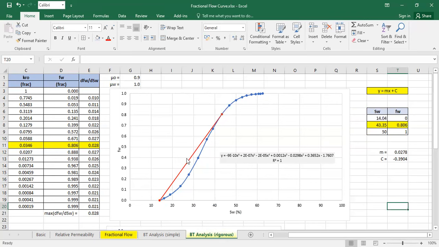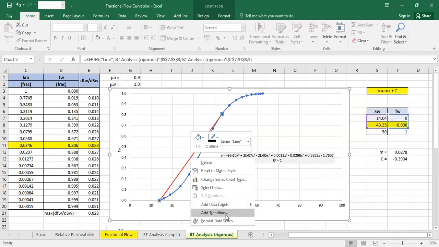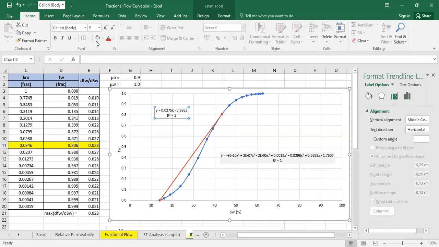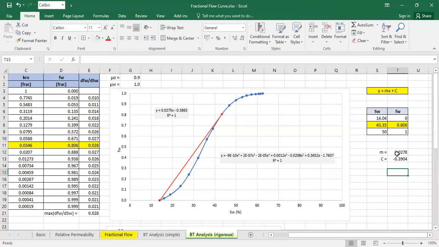Okay, and we can also show the equation of the trend line. It's linear. Show the display equation on chart and R-squared. Of course, the R-squared is 1. So now we have the correct slope, which is 0.0275, and the correct intercept, minus 0.3863.